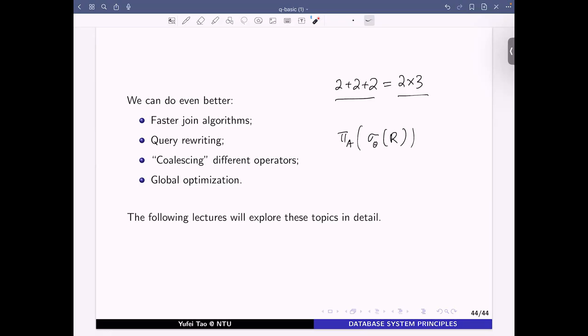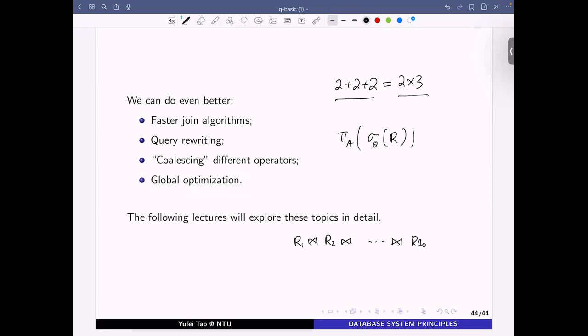One more idea is this so-called global optimization. Global optimization typically arises from join processing. In general, if I give you a number of joins, let's say I have 10 joins here.